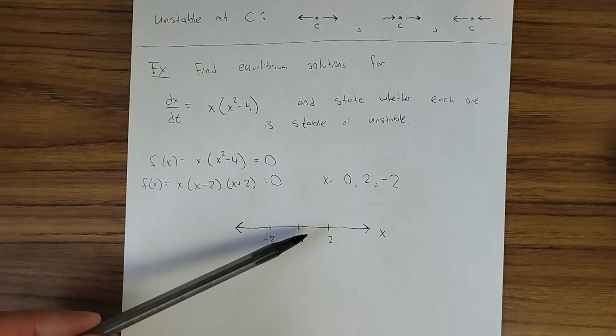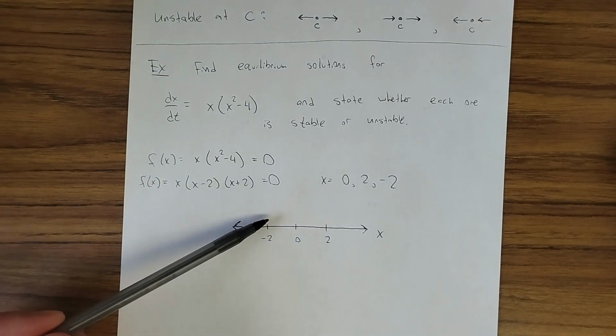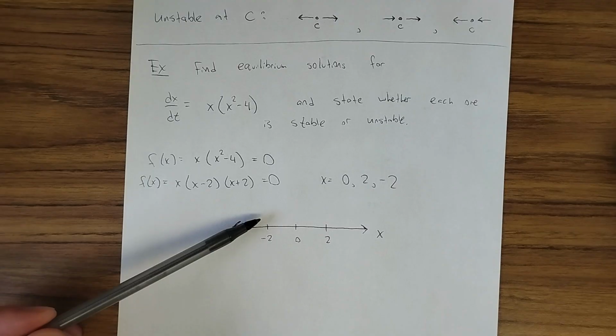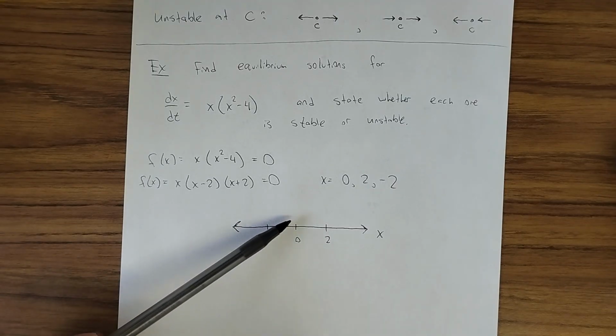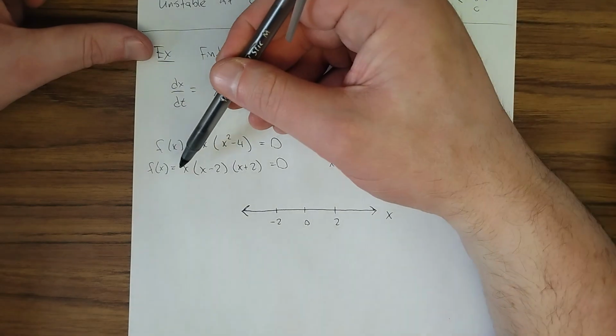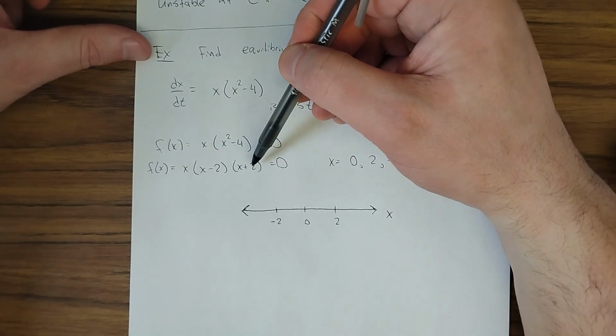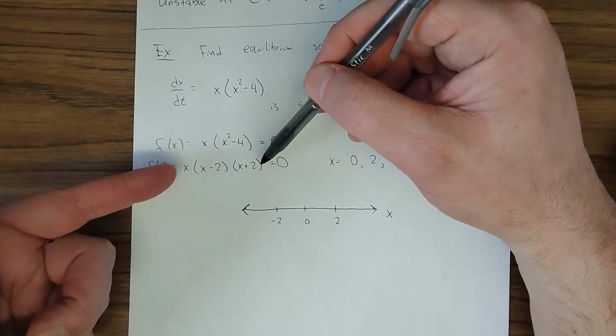So these are the spots where f is 0, and everywhere else, like to the left of -2, and then in between -2 and 0, and so on, I'm going to label each one of those intervals with an arrow, either pointing to the left or right, indicating whether f is positive or negative. And so I can look back at my work and tell this. All I care about is whether f is positive or negative.